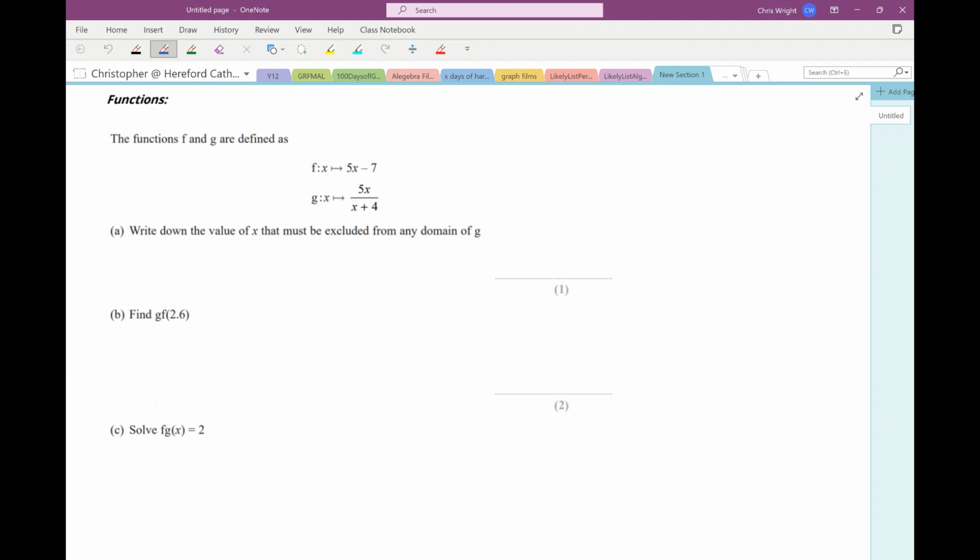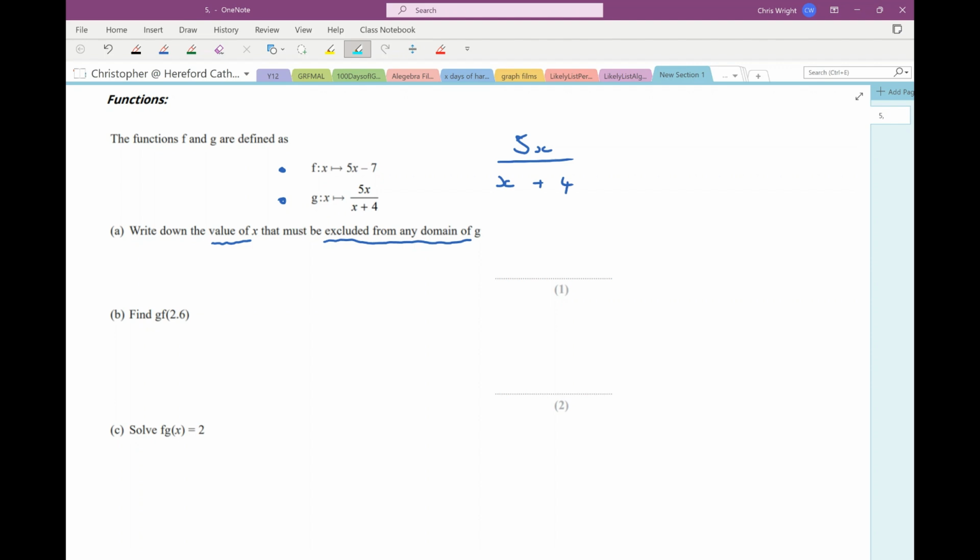Okay, we've got two functions defined, function f and function g. Write down the value of x, so there's only one of them, that must be excluded from any domain of g. So the domains are the values of x that we input into the function. And in this case, g has an output of 5x divided by x plus 4.